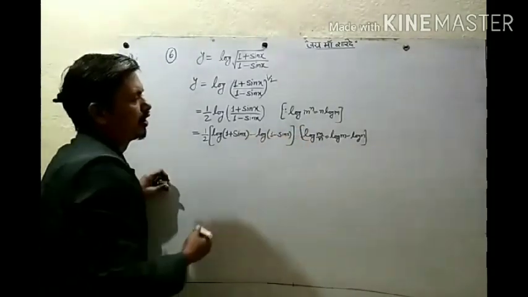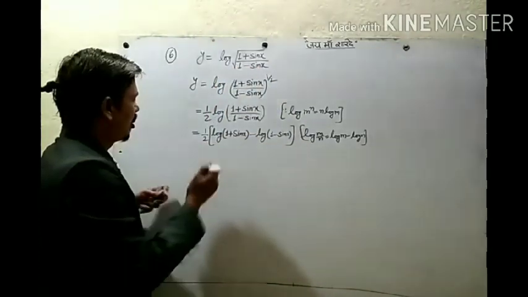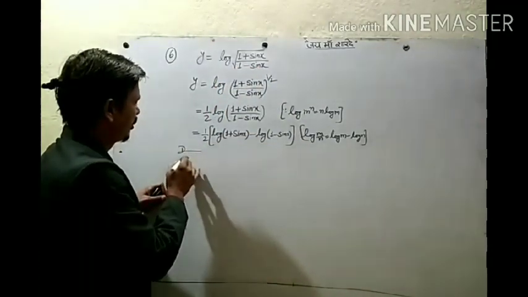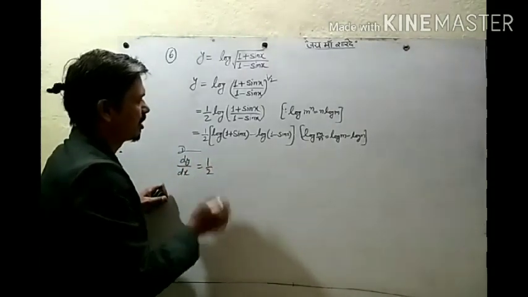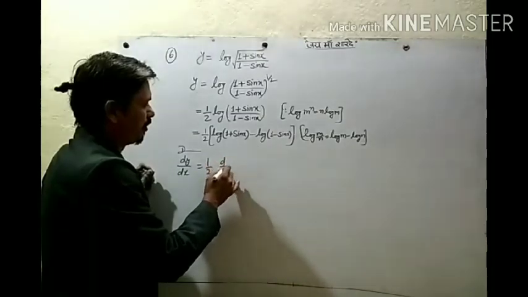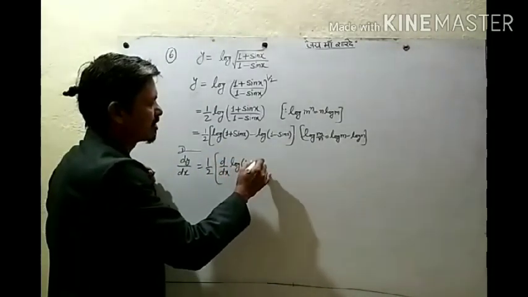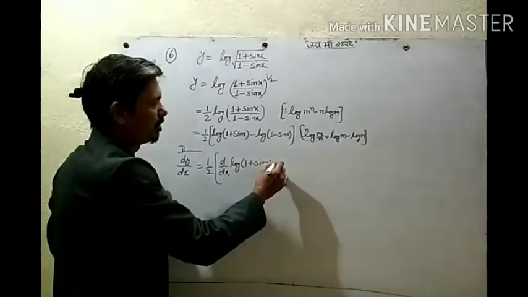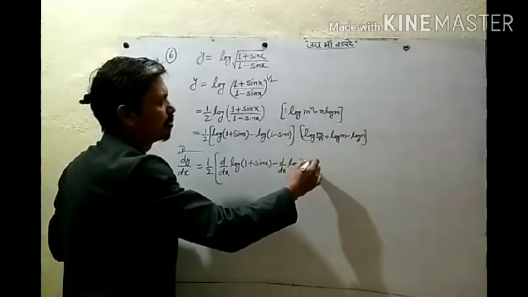Okay. So our function can be reduced to this form. Now if we differentiate, then dy by dx is equal to half as it is, then the derivative of log of 1 plus sin x minus the derivative of log of 1 minus sin x.